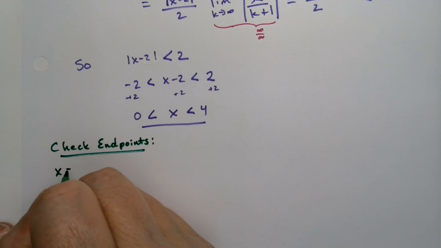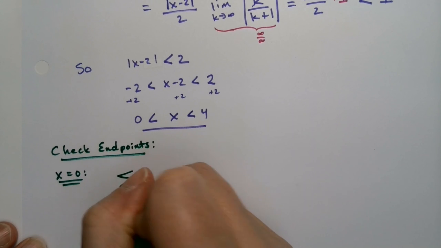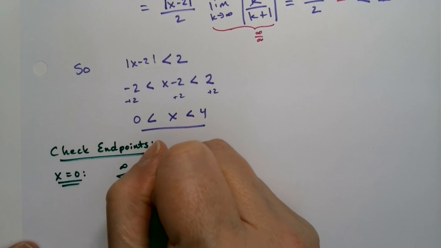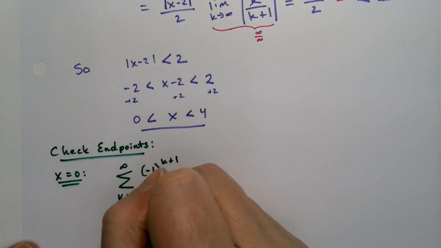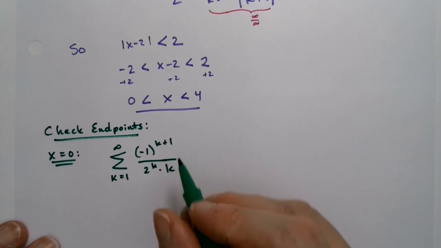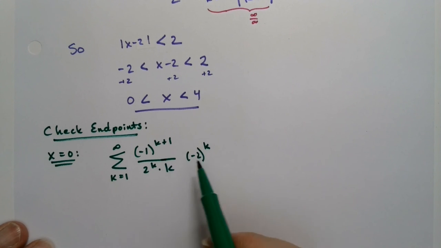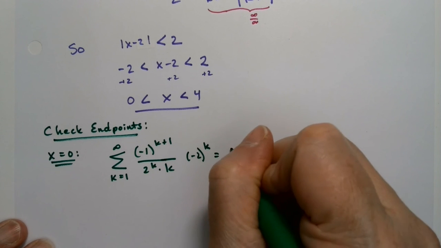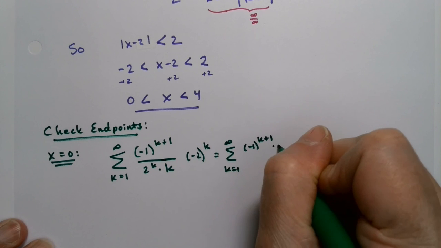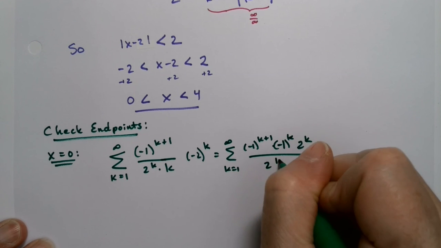All right, so let x be 0. If x is 0, then my series, I don't want to worry about the natural log of 2 part. I'm just going to worry about the 1 to infinity part. It would be negative 1 to the k plus 1 over 2 to the k times k. And then instead of x minus 2, it'll be negative 2 to the k. That's k equals 1 to infinity of negative 1 to the k plus 1 times negative 1 to the k times 2 to the k over 2 to the k times k.